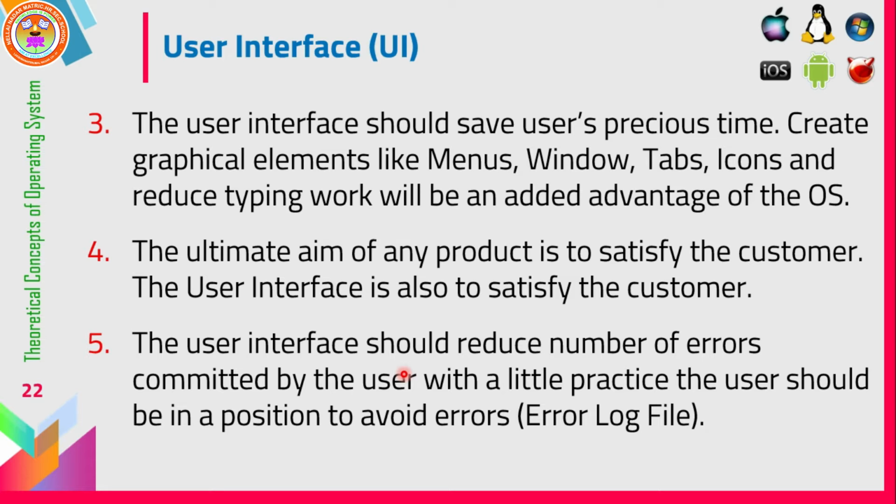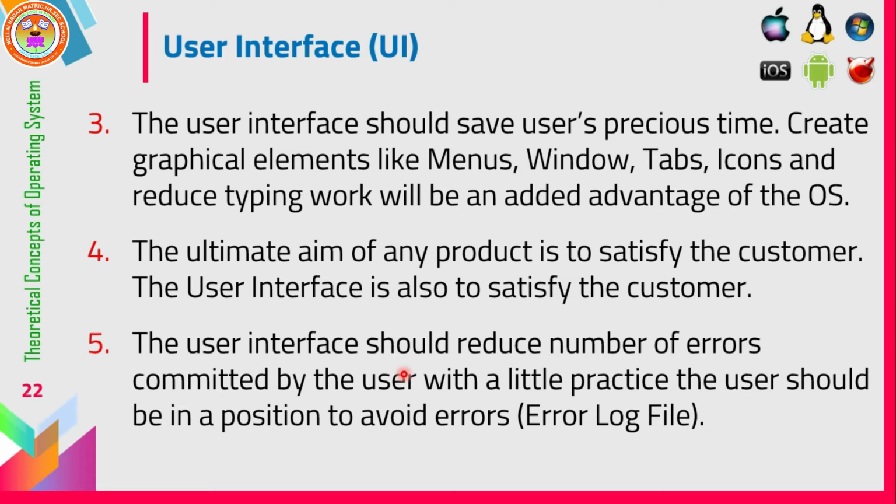The next point, number 3: the user interface should save the user's precious time. Of course, that is very important. Nowadays, people like it when they do any work and it is completed immediately, in a very fast manner. If it takes more time, the user will automatically reject the particular application. That's why the user interface should save the user's precious time, by creating graphical elements like menus, windows, tabs, icons, and reducing typing work, which will be an added advantage of the OS.